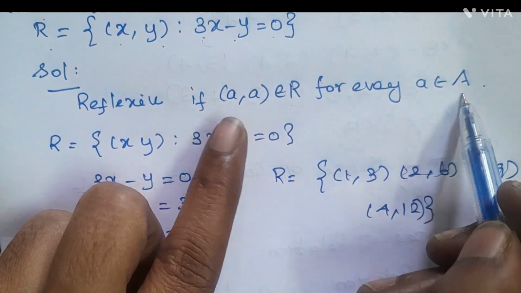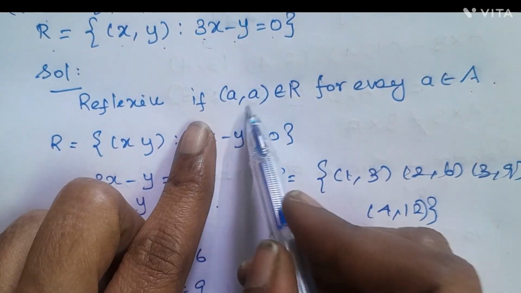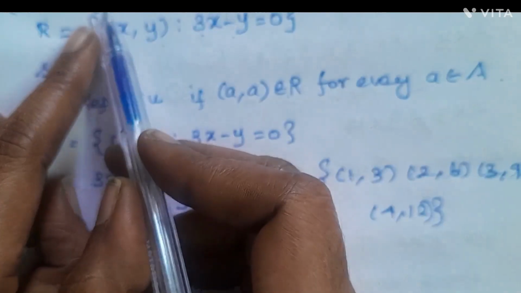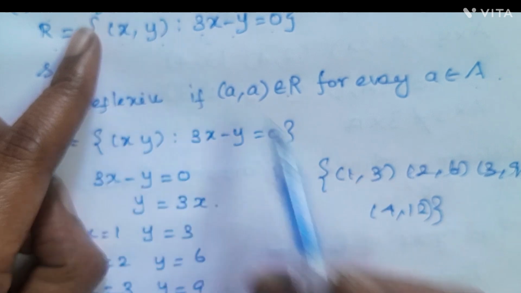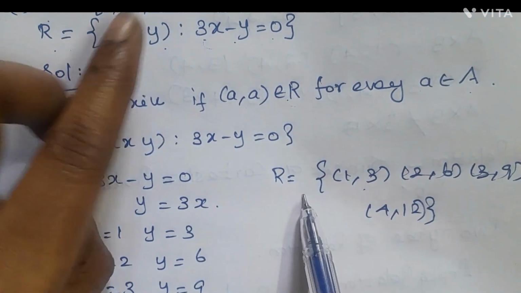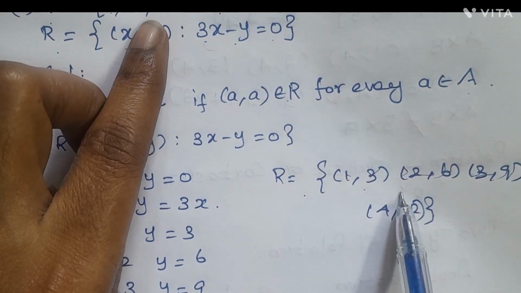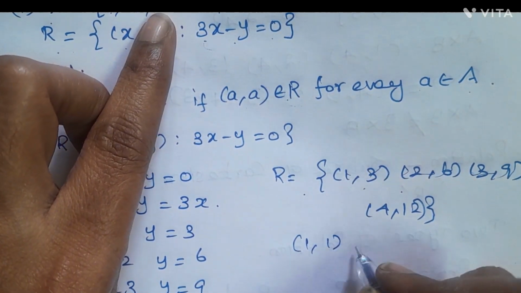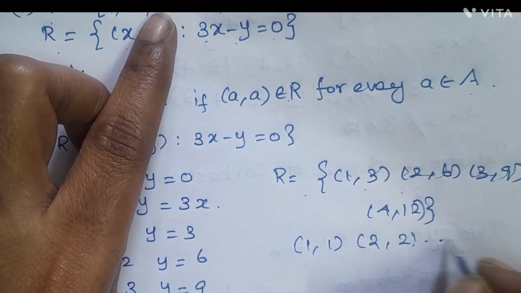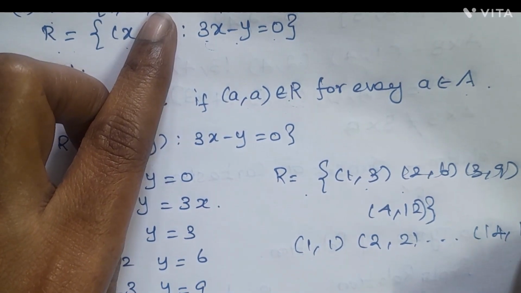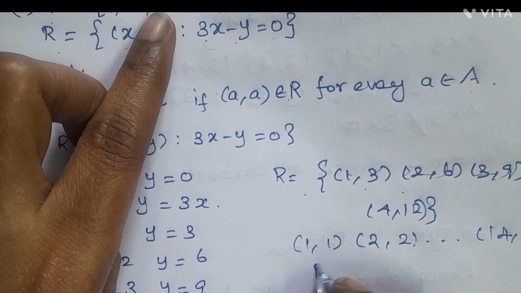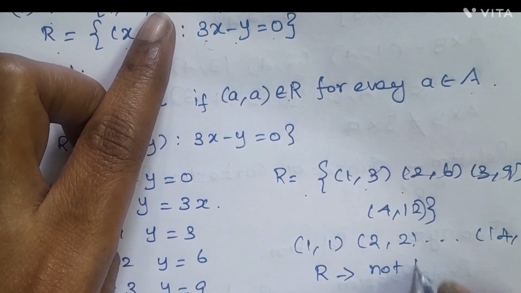For every a in A, the ordered pair (a, a) should belong to R. For every element in A, (1, 1) is not present in the relation, (2, 2) is not present, (3, 3) is not present, and so on up to (14, 14) does not belong to the relation. So our relation R is not reflexive.